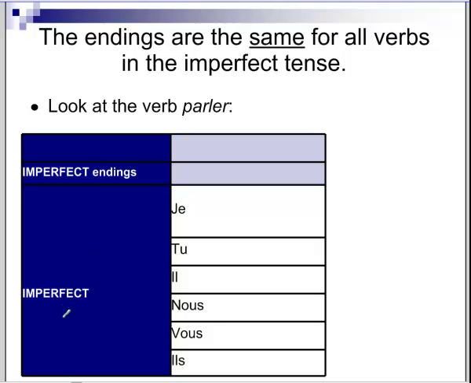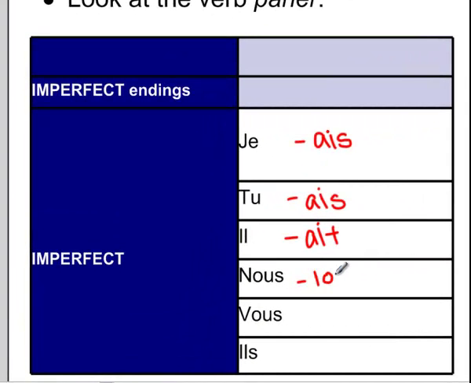Alright, so the je ending: if you have the subject je, you're going to attach a-i-s, pronounced é, to the end of the stem. The tu ending is exactly the same, a-i-s. The il and elle form, also pronounced é, but is a-i-t. The nous form, i-o-n-s.